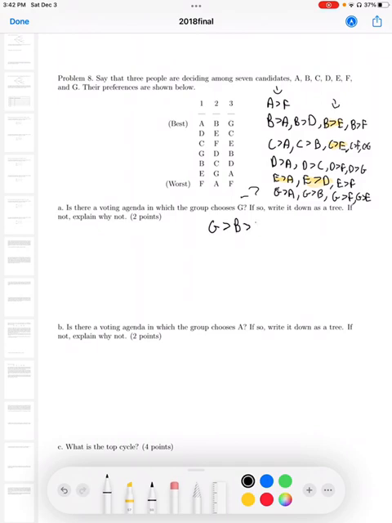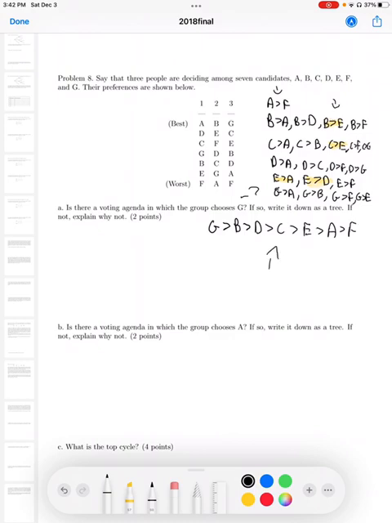B dominates D. D dominates C. C dominates E. And E dominates A. And A dominates F.